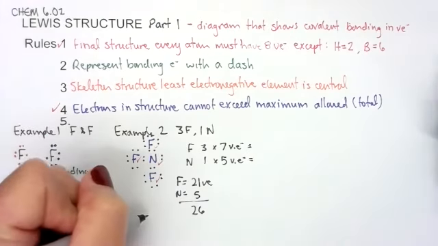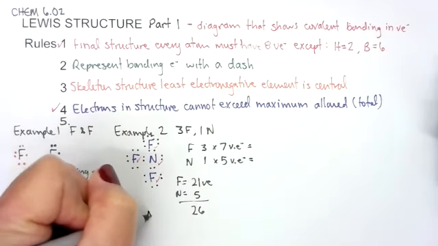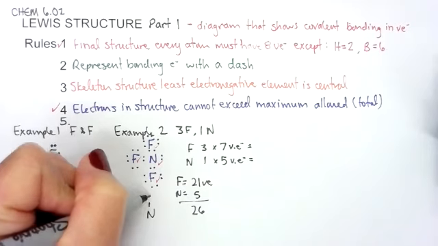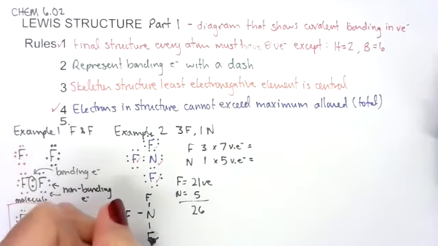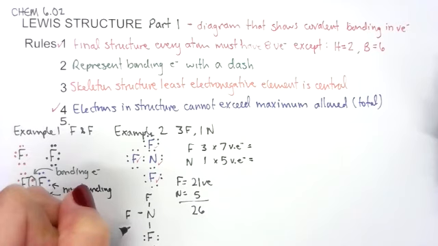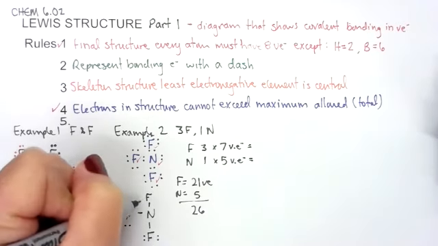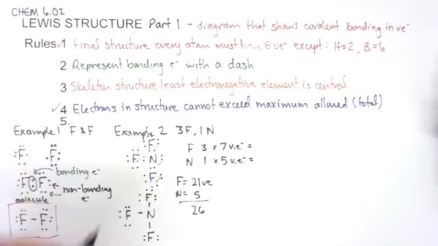My final structure is going to be nitrogen, fluorine, fluorine, fluorine. And I've got this pair here. This has a special name.